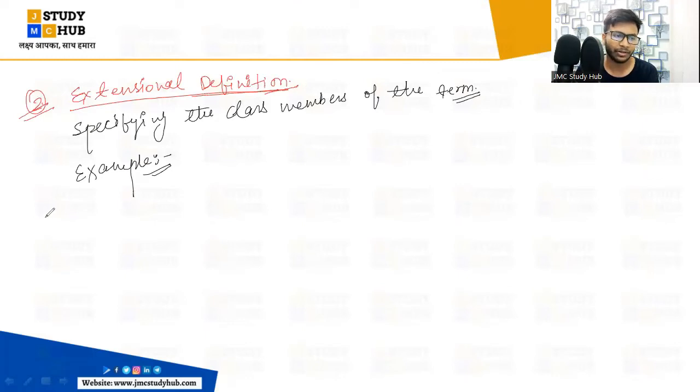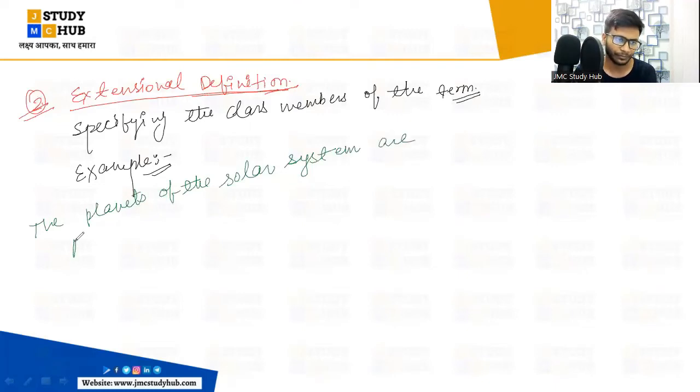The example I am giving here is the planets of the solar system, right? I'm defining the solar system here, that the planets of the solar system are Mercury. What are the planets? Everybody, tell me quickly.